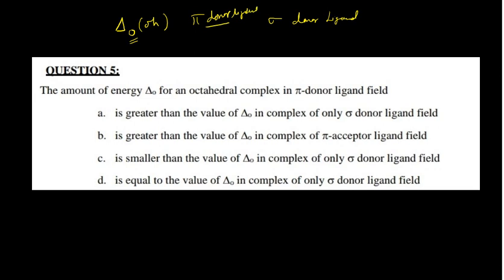So what will happen in case of the pi donor? The ligand field is smaller, so in that case this value is smaller. In case of the pi donor ligand environment, the energy of the ligand orbital is lower, because these are the filled orbitals actually.